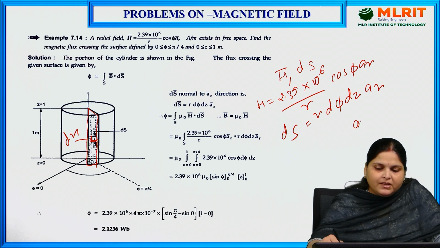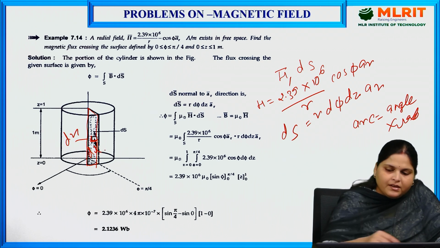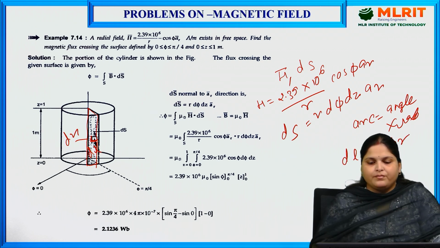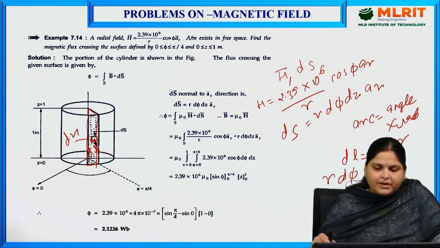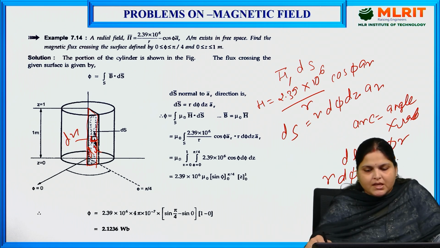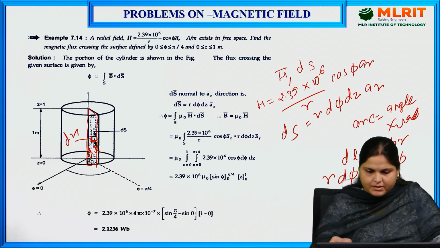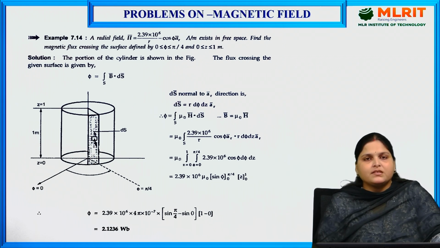Arc is equal to angle into radius. So this arc, for example dl, can be written as d phi times r. So ds will become r d phi dz, and the direction will be radially outward, a_r. So now we have got H as well as ds.